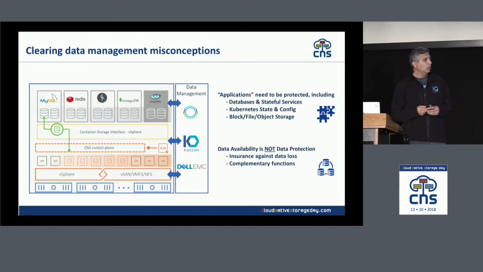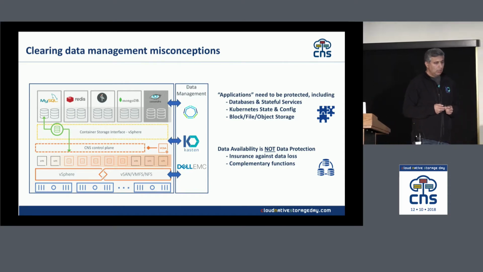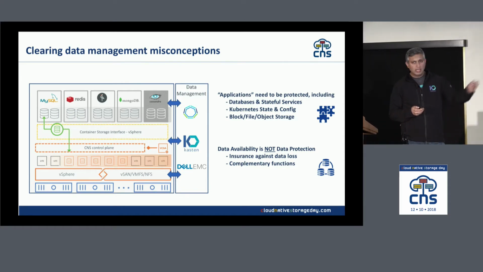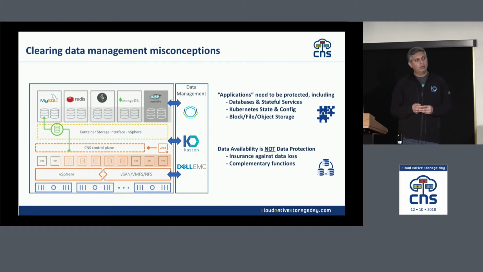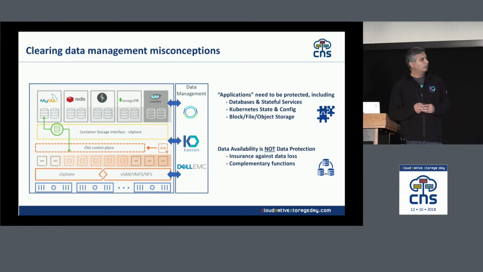And then also, you've heard this message throughout, but it's applications that you need to look at when you're talking about cloud-native data management, backup, and mobility. So while Kasten, of course, works with VMware, I'm going to take a step back and talk about what applications really mean in this context, and talk about the two key requirements for both backup as well as mobility.